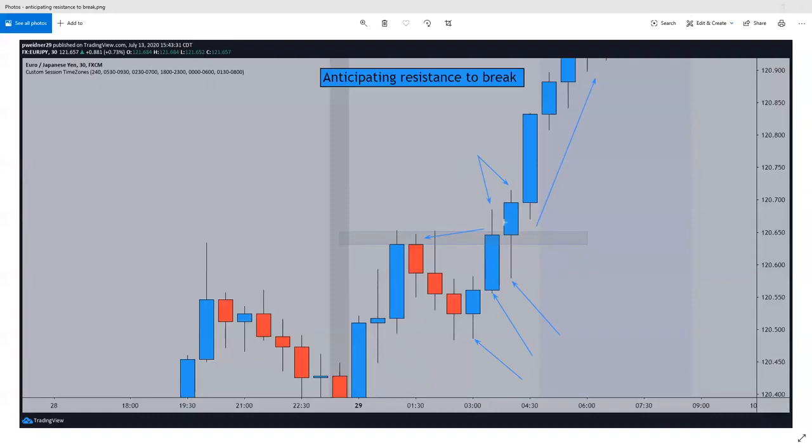So that's kind of how you can tell that we pushed through, because when we came to it the first time, we saw how we reacted. We made lower lows and lower highs. Then we pushed up to it again, and we made higher highs and higher lows, meaning we break through resistance.